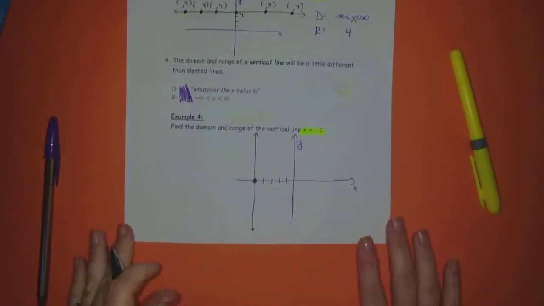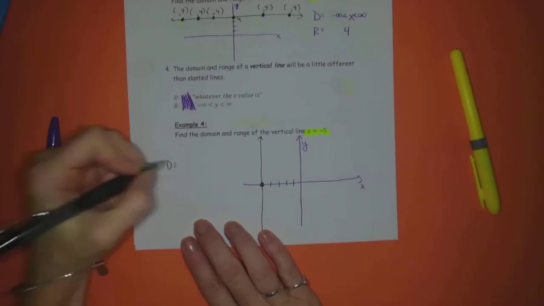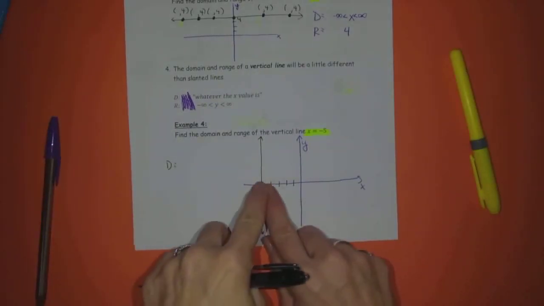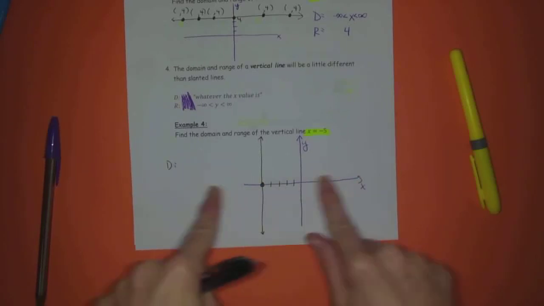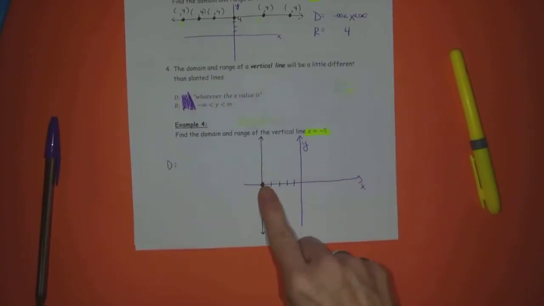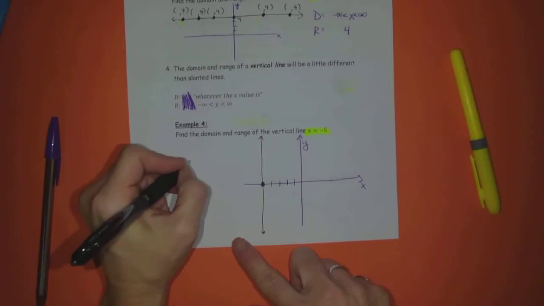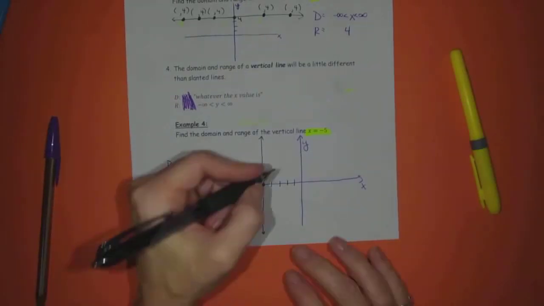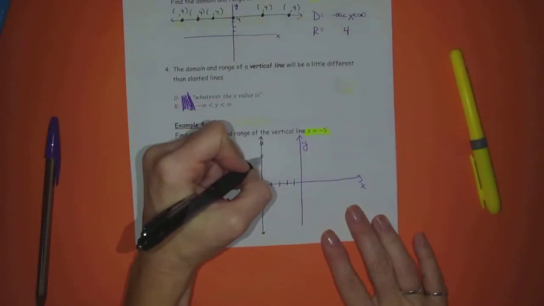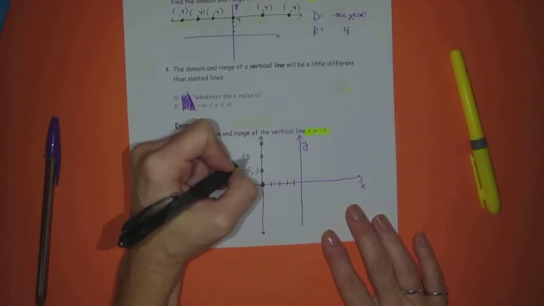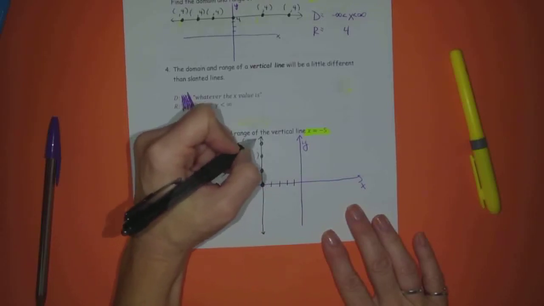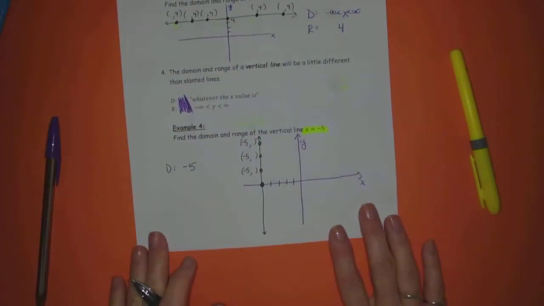Now you can see that in terms of your domain, the x's don't go anywhere. If you look right and you look left, you don't see anything. The x's are fixed at -5, no matter where you go on this line. Anywhere, the x is -5, the x is -5, the x is -5.